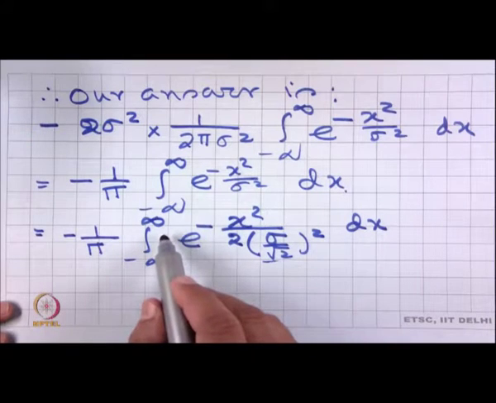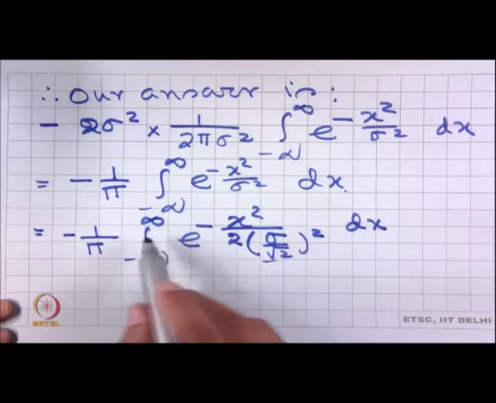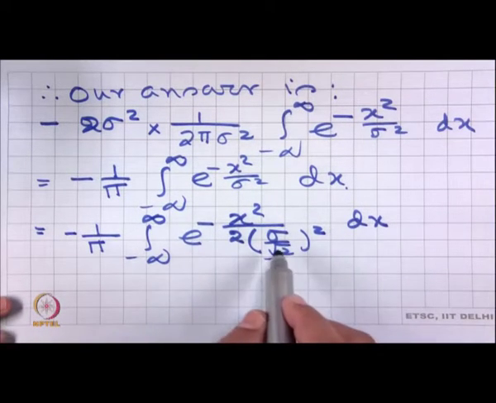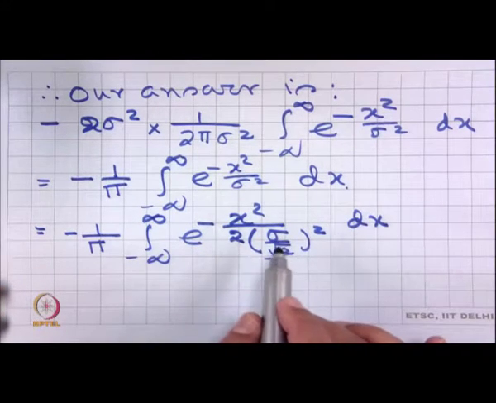If we multiply it with 1 over root 2 pi into sigma over root 2, then that is going to give me the density function of a normal distribution.